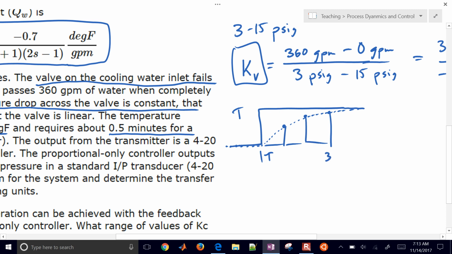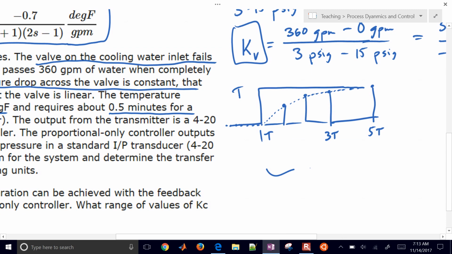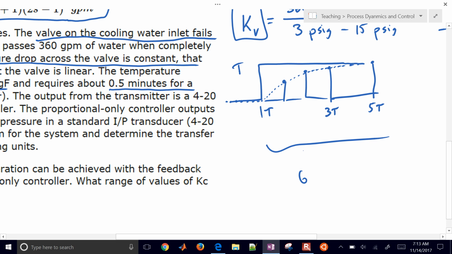95 after 3 time constants, and then you'll be 99.5 after 5 time constants. So we just say it takes about 0.5 minutes.